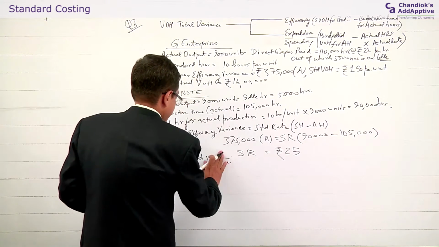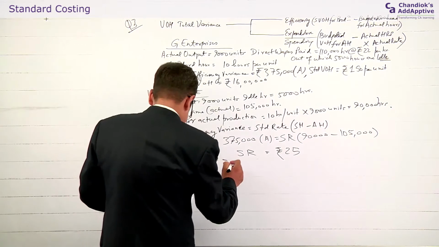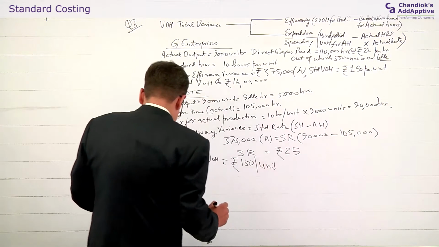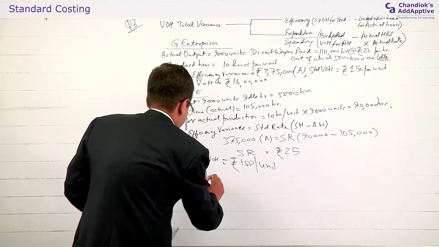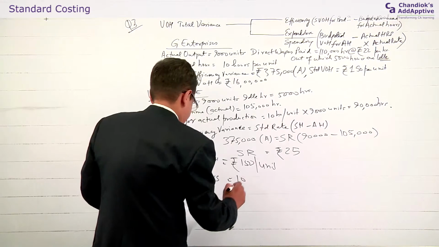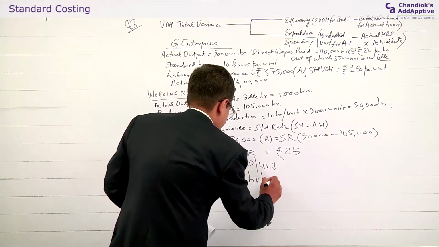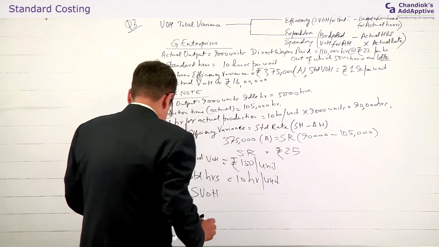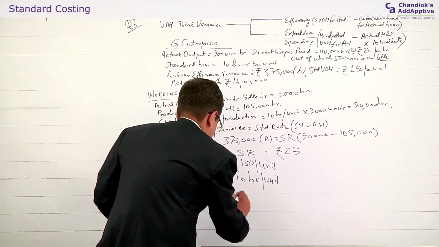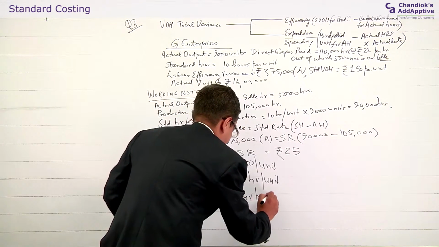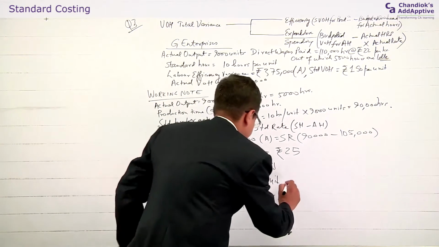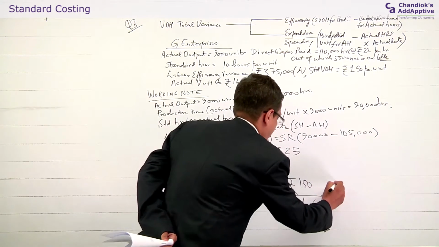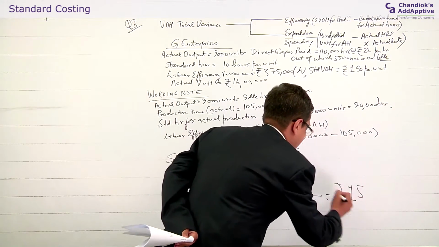You are also provided with standard variable overhead at rupees 150 per unit, standard hours at 10 hour per unit, and standard variable overhead rate per hour at rupees 150 divided by 10 hour, or it is rupees 15.